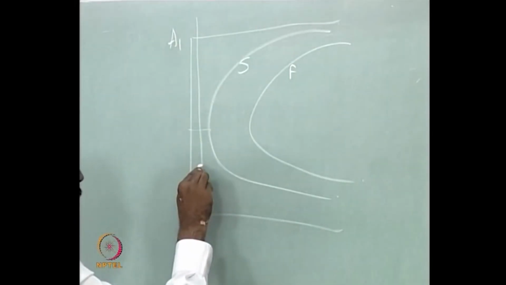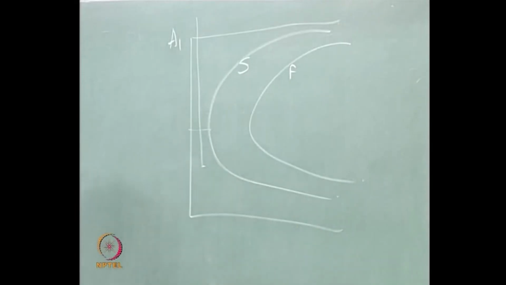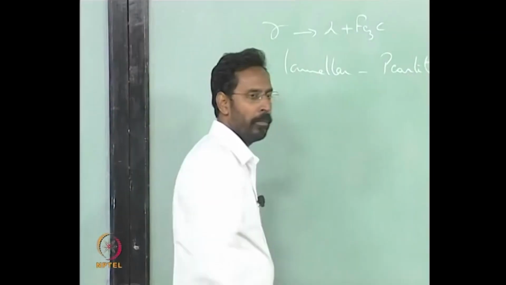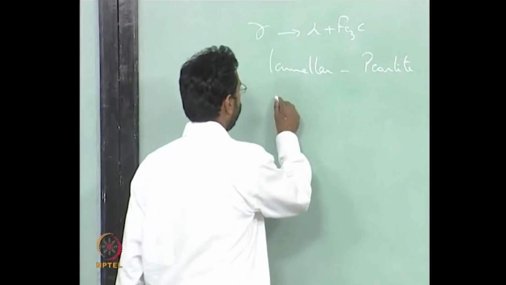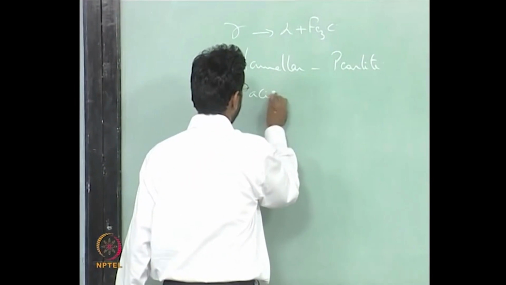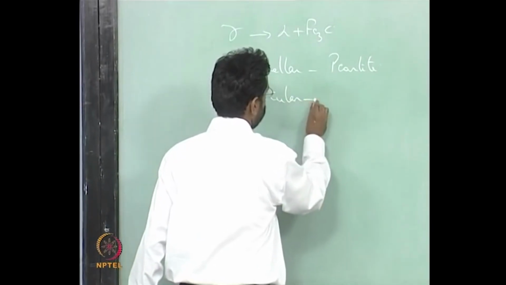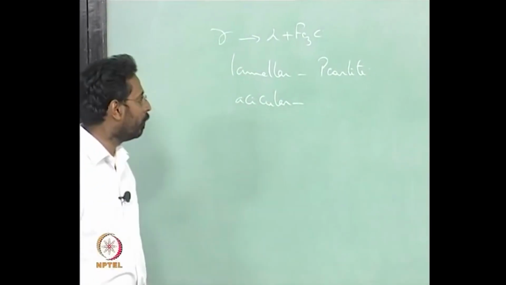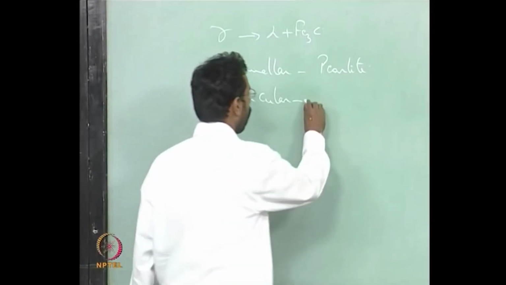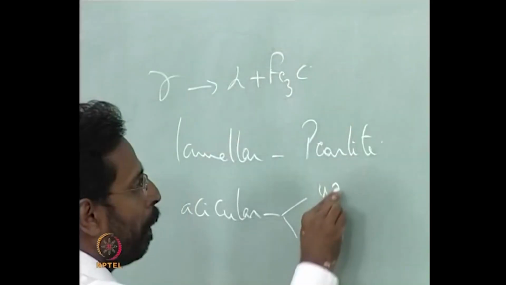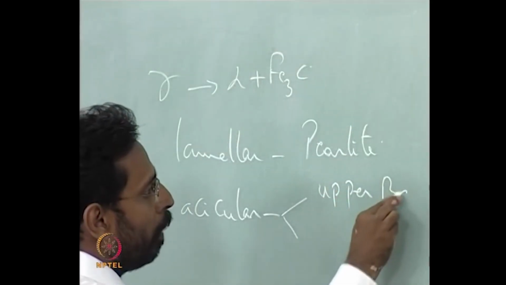If your undercooling is somewhere here below the nose, then you end up in another type of morphology, which is what is called the acicular morphology, where you call them either upper bainite or lower bainite.